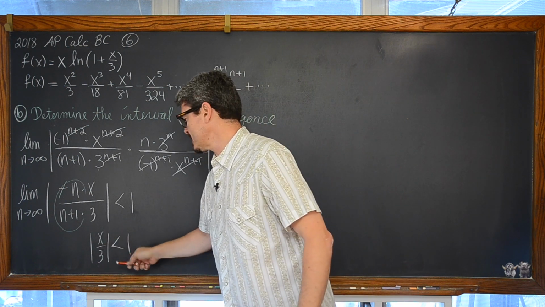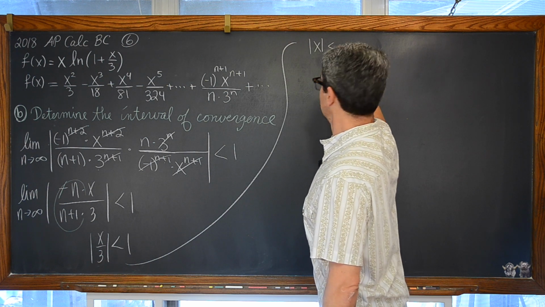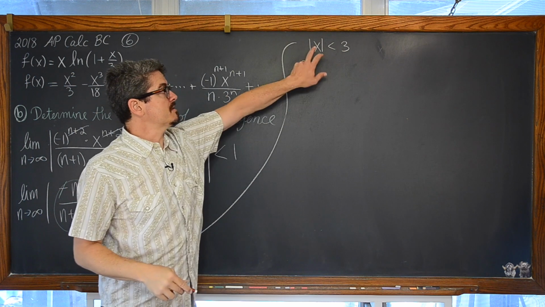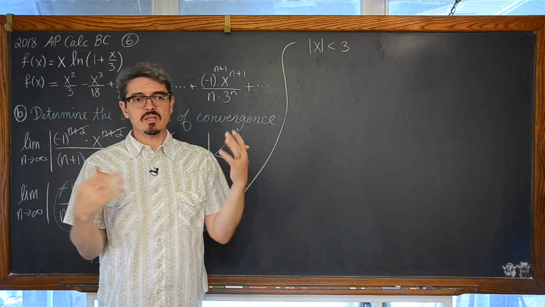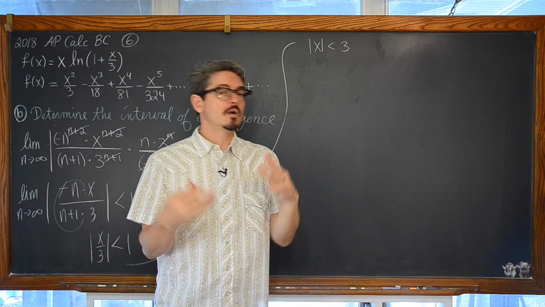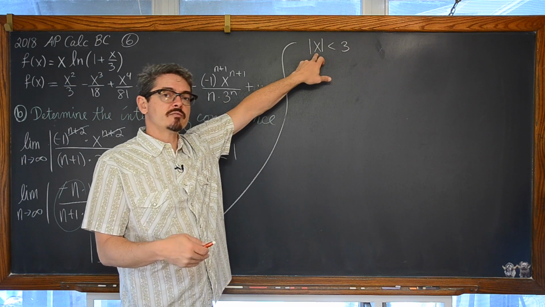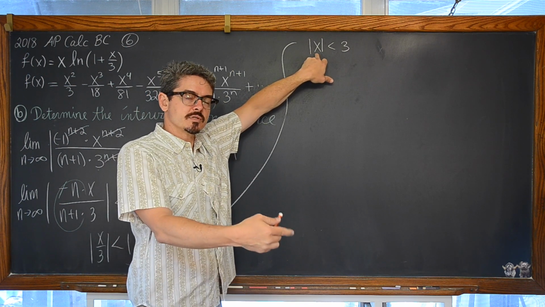which means that if we multiply both sides by 3, just as a review, we could look at this expression and see the center of convergence, which we don't really need to because we're told that it's a Maclaurin series, which is a special type of Taylor series where the center of convergence is equal to 0. But we could see that this is the absolute value of x minus 0, which means that the center of convergence is 0.